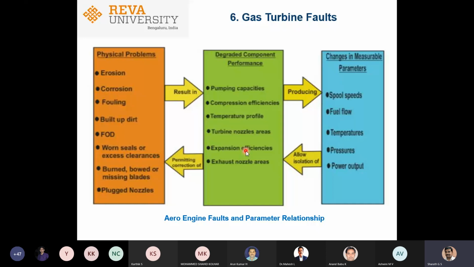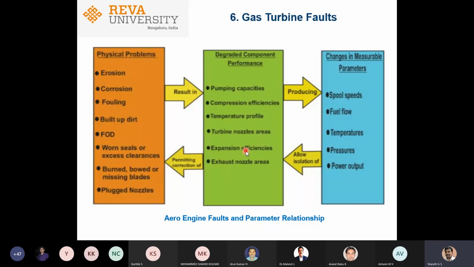And when there is some abnormality in the functioning of a component, definitely there would be some changes in the parameters that can be monitored by the pilot, by the technician, or by the person who is giving the ground run. Could be an engineer or a technician, or it could be a pilot. It can happen in air also.